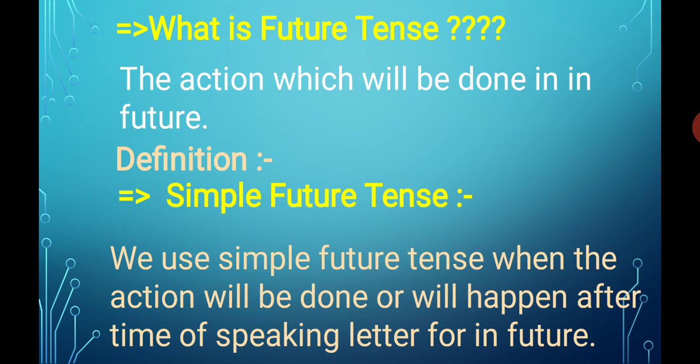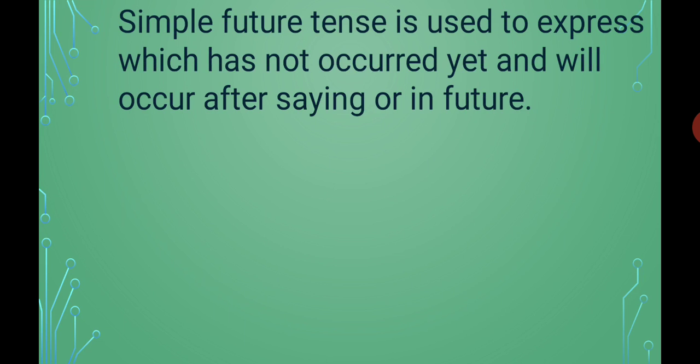It means the action will happen after the time of speaking, after some time. Or we can say that simple future tense is used to express something which has not occurred yet and will occur after speaking, in the future.